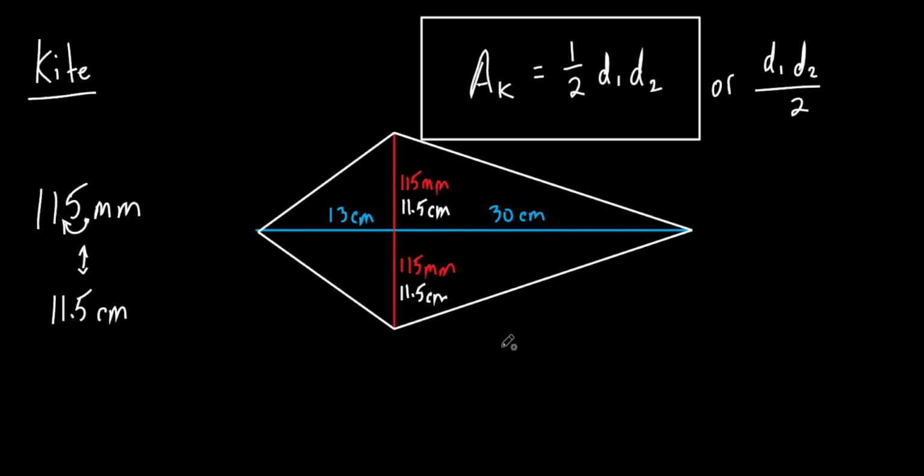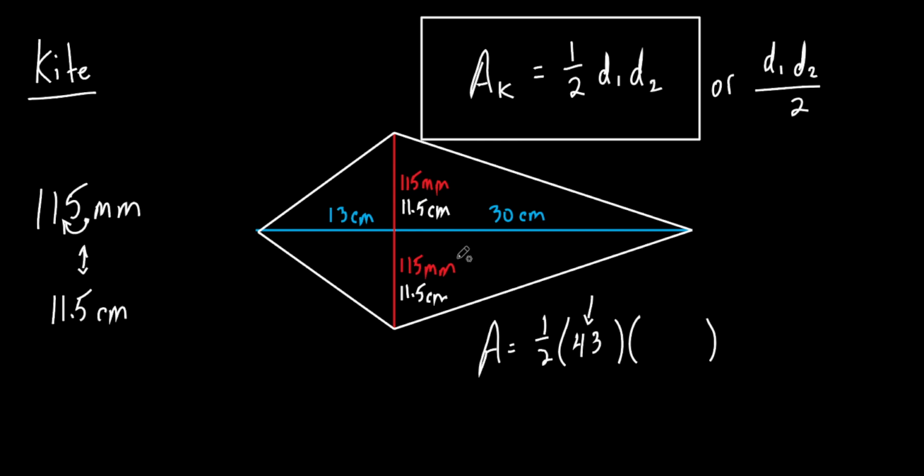So let's do the math. Area equals what? 1/2 times the one diagonal times the other diagonal. Let's do the blue diagonal. What's the whole entire blue diagonal in your head? What is it? 43. Good. 43. From here to here is 13. From there to there is 30. I add them up. The whole diagonal is 43. That's the blue one right there.